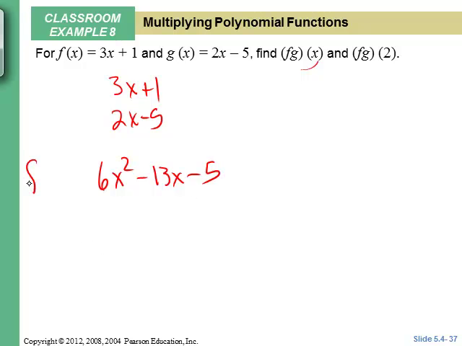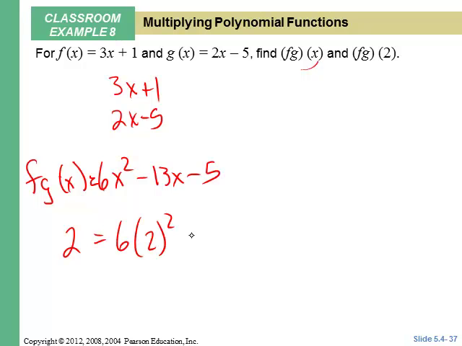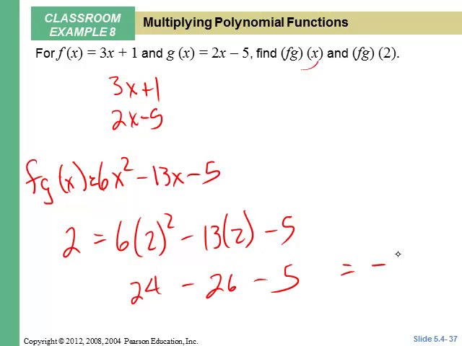That's f times g of x. And then we substitute in 2, and we get 6 times 2 squared minus 13 times 2 minus 5. 2 squared is 4, 24, minus 26 minus 5 is negative 7.